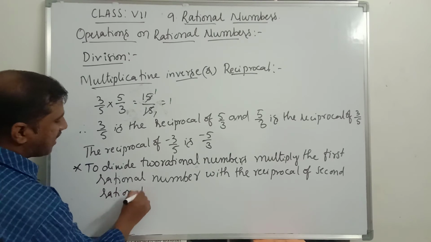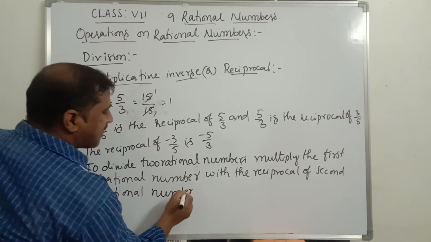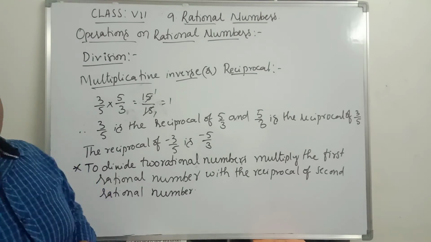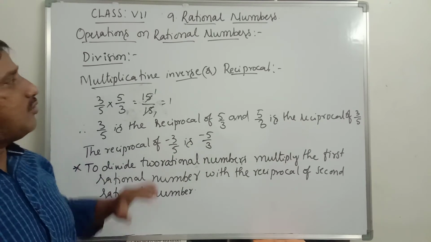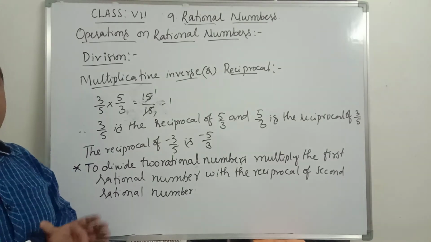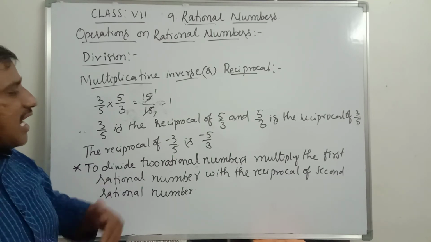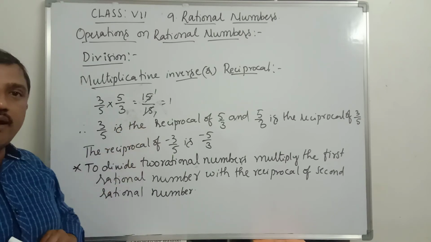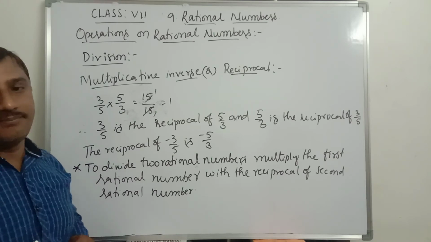How do we multiply rational numbers? We studied in the previous concept, by multiplying the numerators and multiplying the denominators, written as the product of numerators divided by the product of denominators. Though it is division, in division also we are using the multiplication concept, that is multiplying the first rational number with the reciprocal or multiplicative inverse of the second rational number. Is the concept clear? Now we will discuss a few questions on division of rational numbers.